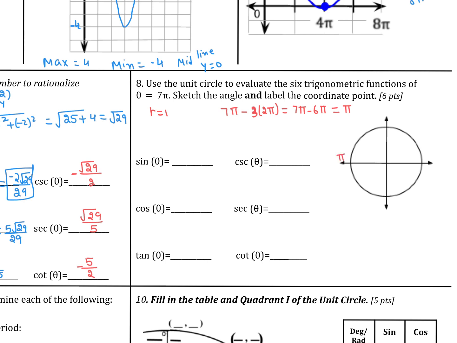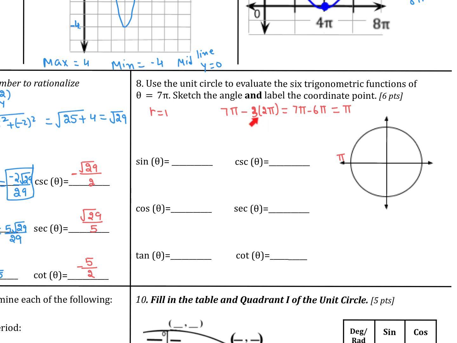You can subtract as many 2 pi's as you need to get this inside the circle. If you subtract 2 pi, it gives you 5 pi, still outside the circle.